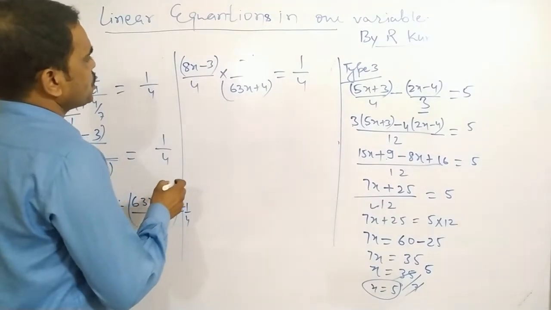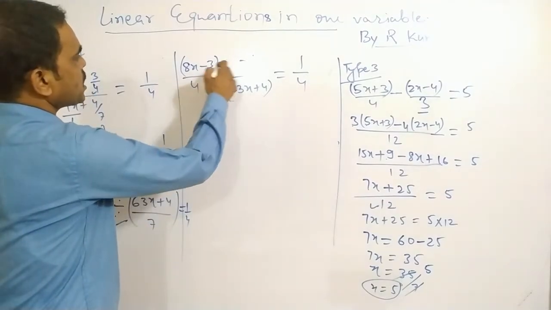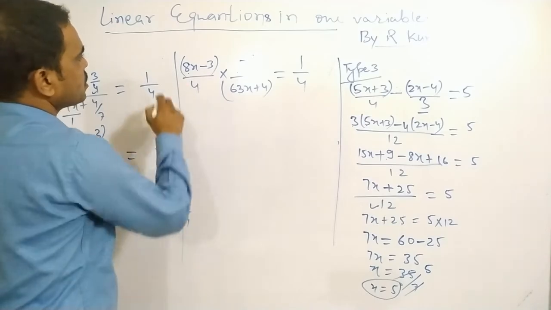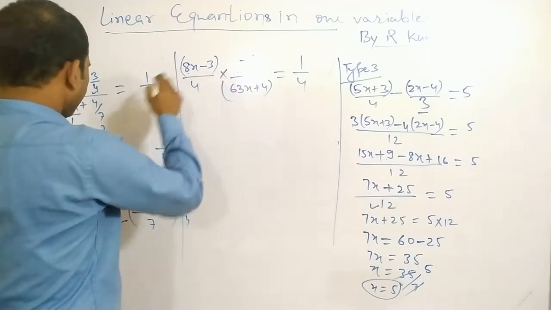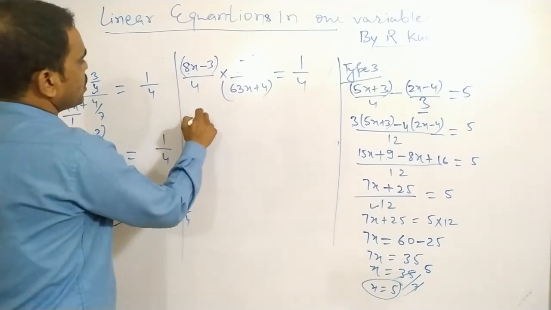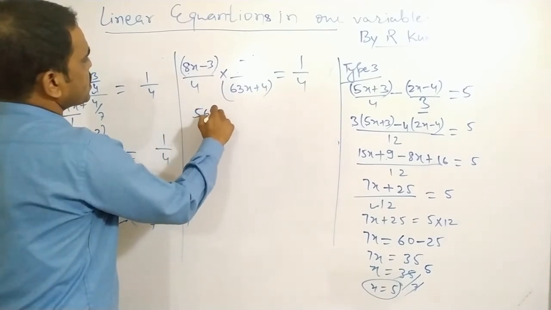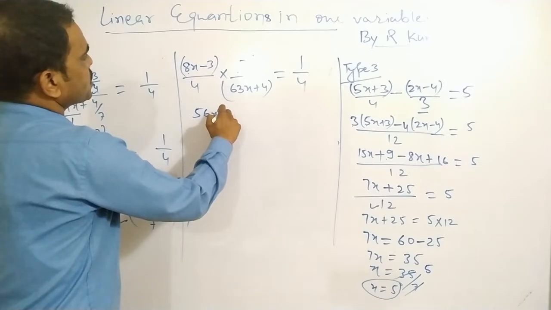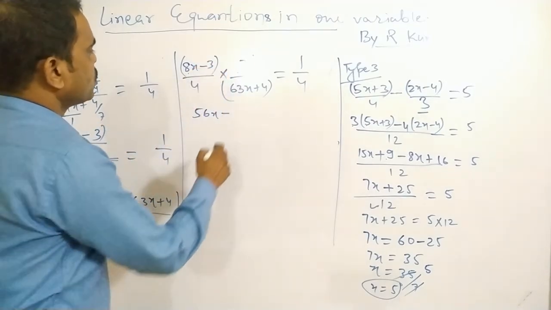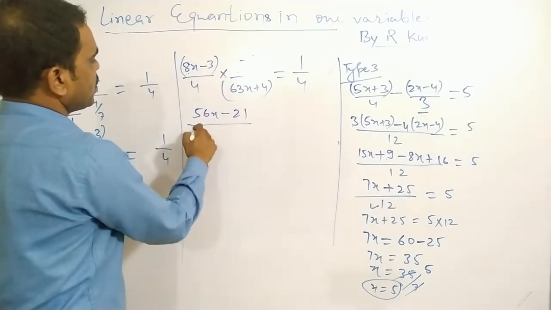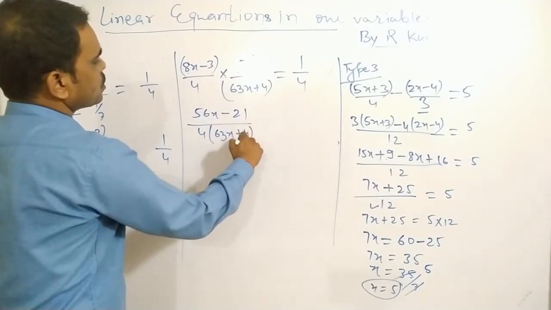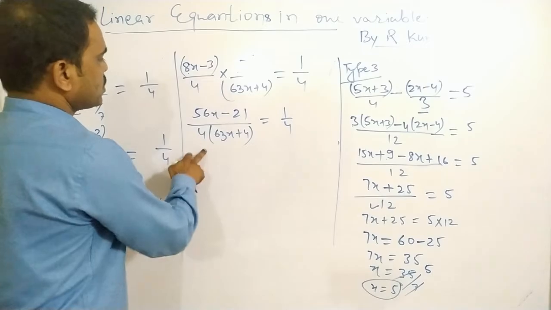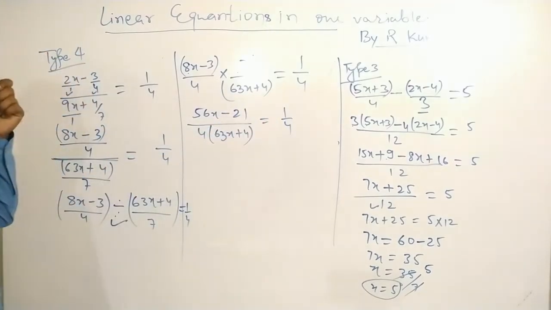Okay, now what you do, this 7 you multiply with it, numerator to numerator you multiply. So 7 into 8x is 56x minus 7 3s are 21 by 4 into 63x plus 4 equals 1 by 4. Now this I am shifting to that side.